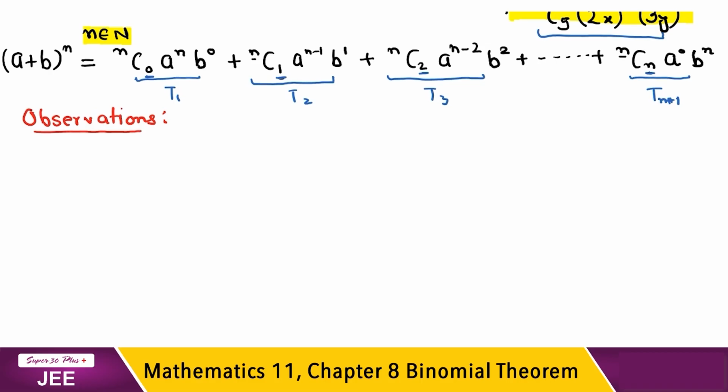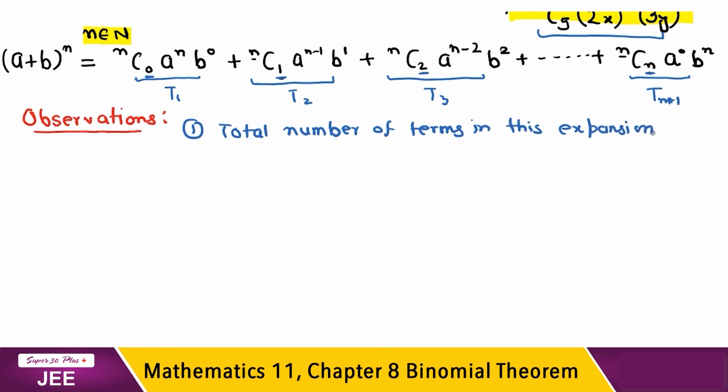So we can say that in this expansion the total number of terms is, I hope everybody must have calculated in their head, n + 1, that is 1 more than the exponent. Which means that if I am going to calculate (a + b) whole raised to the power 6, then how many terms will there be in its expansion? There will be 6 + 1, that is 7 terms. So this is our first observation, which tells us about the number of terms in that expansion.